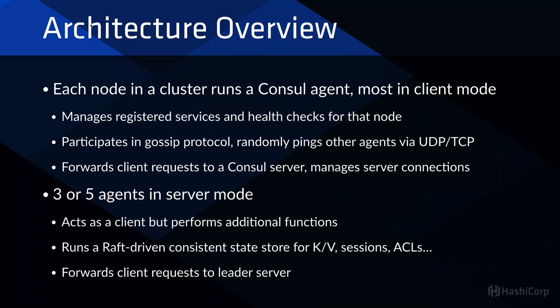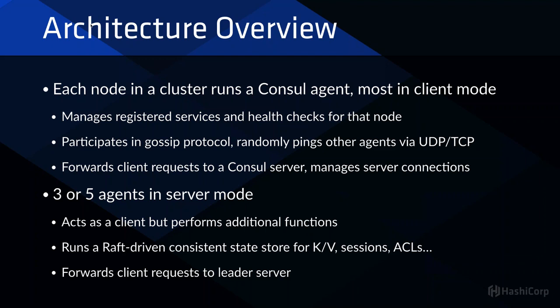And you'll usually have 3 or 5, depending on your level of failure tolerance. So if you have 3 servers, you can take any single failure and keep going without a disruption to your cluster. And if you have 5, you can take 2 failures without any disruption. That's just based on your availability needs.